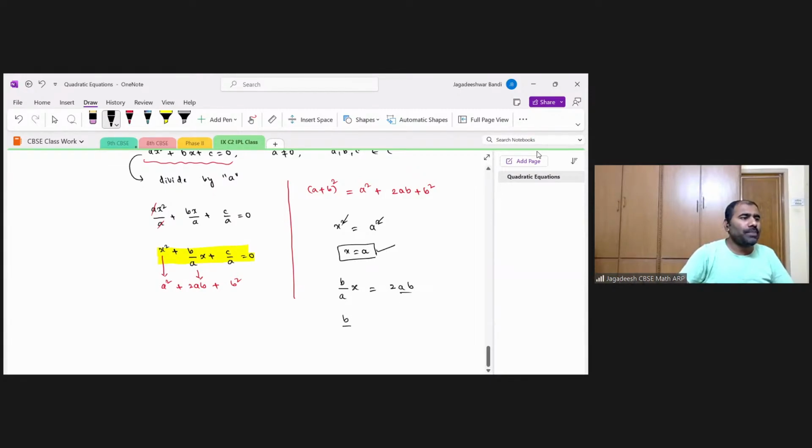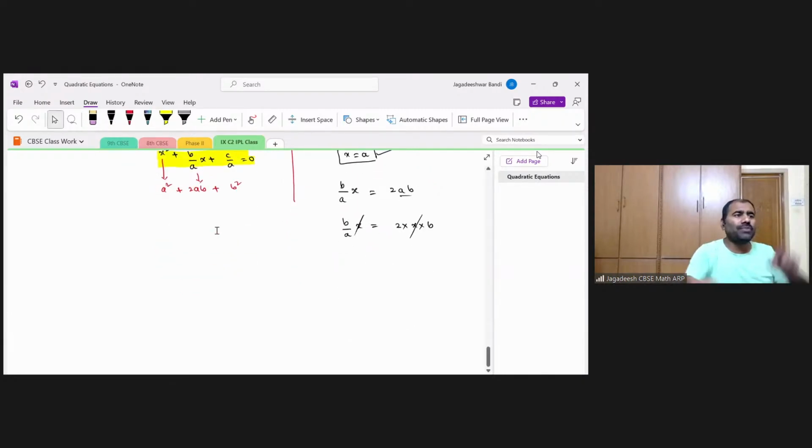So b by a times x equal to 2 into x into b. x gets cancelled. Now we want to find this b value, according to our expansion (a plus b) whole square. We already found a. Now we want to find b. So transpose 2 to the left side. So what we get? b by 2a equal to b. So in the expansion, we will have b.